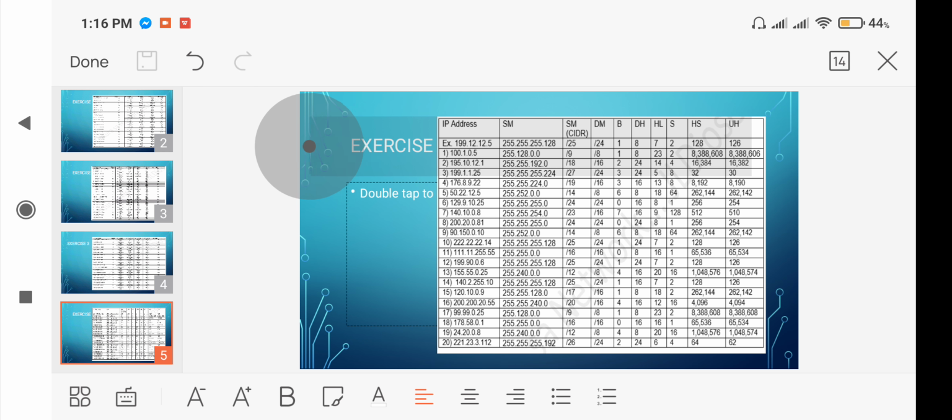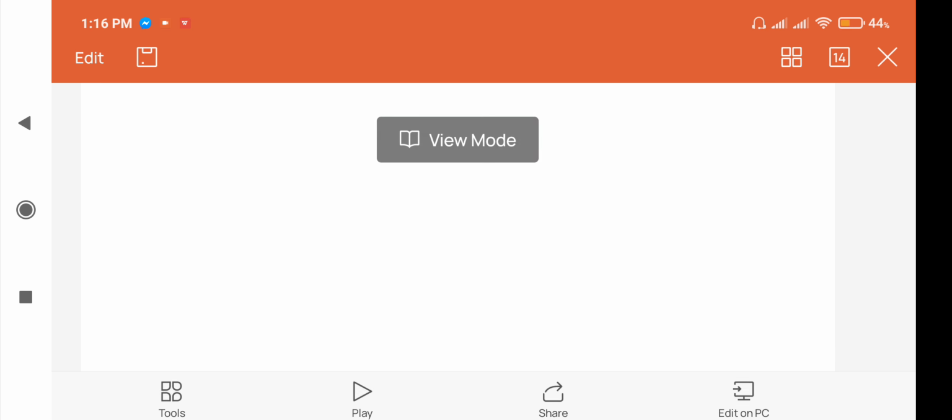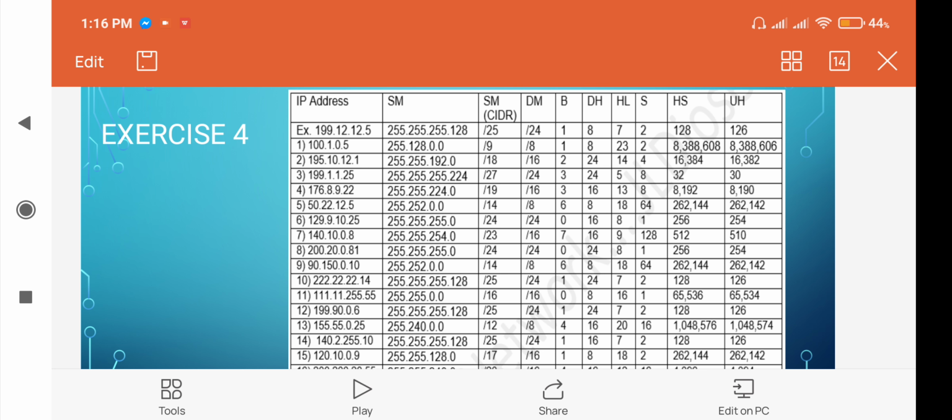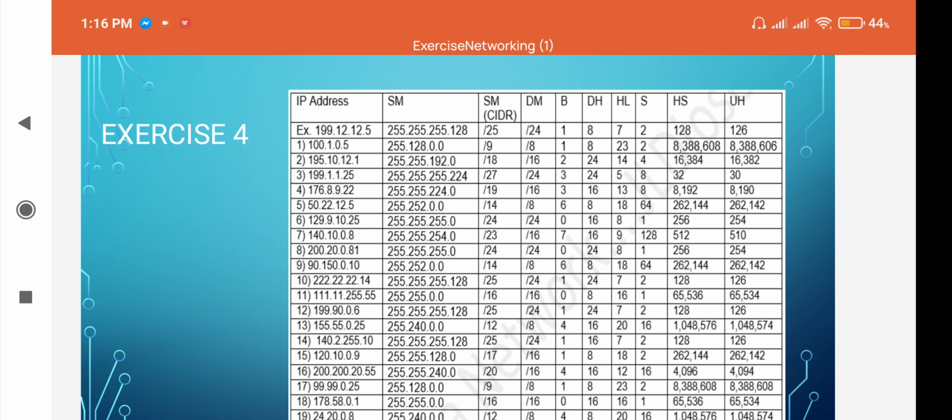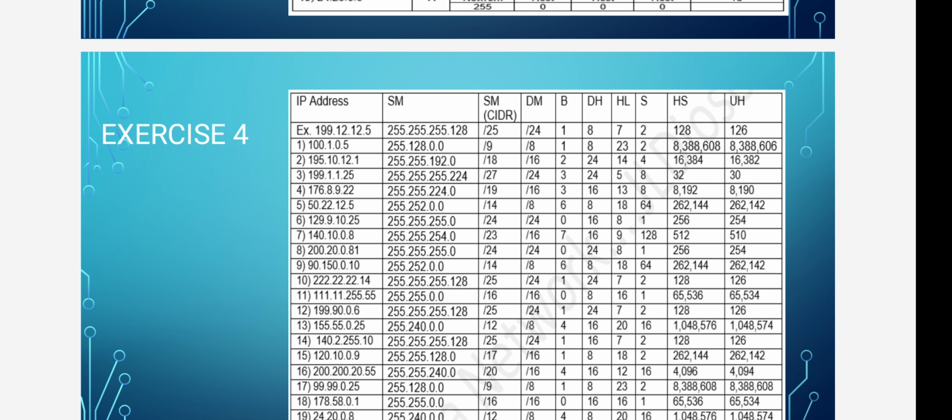Exercise 4. In exercise 4, we are going to find the CIDR for the given mask.